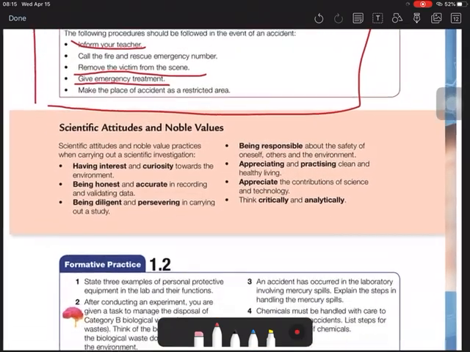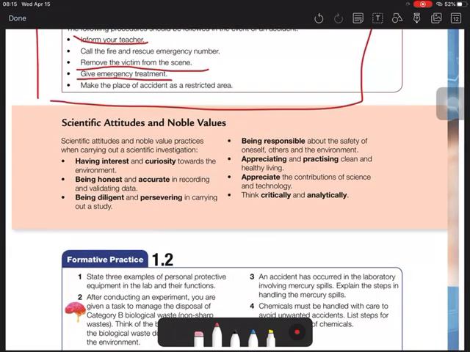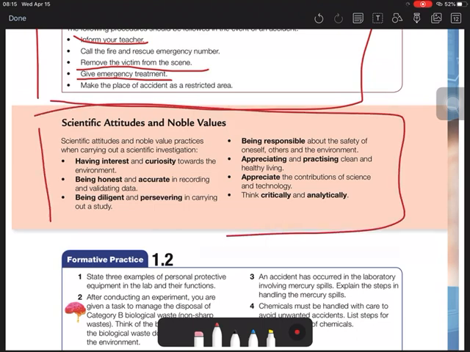Scientific attitudes and noble values. Some teachers probably just let go of this, but for me personally, I think these are the most important part of being a science stream student.